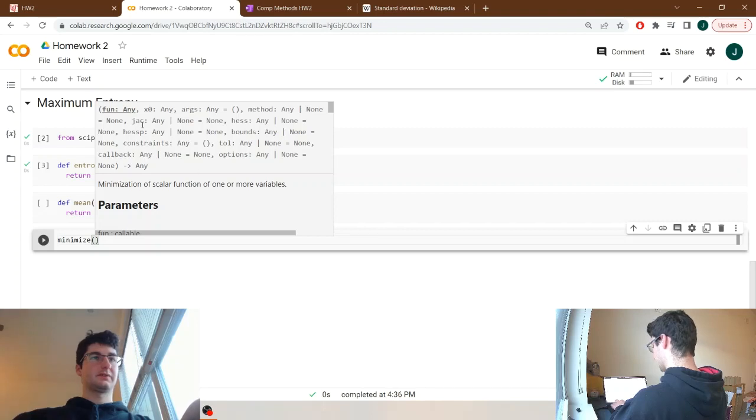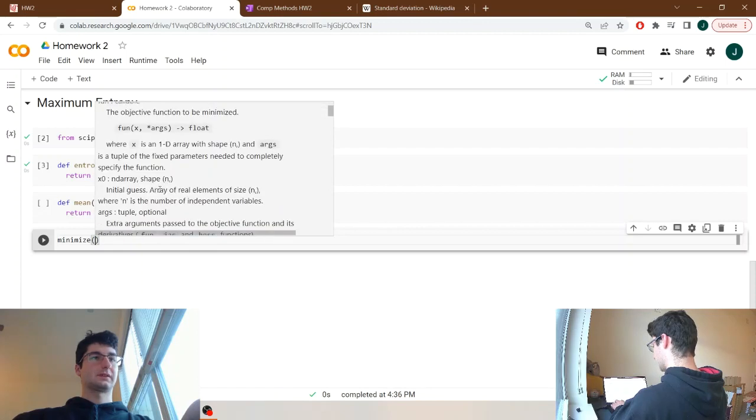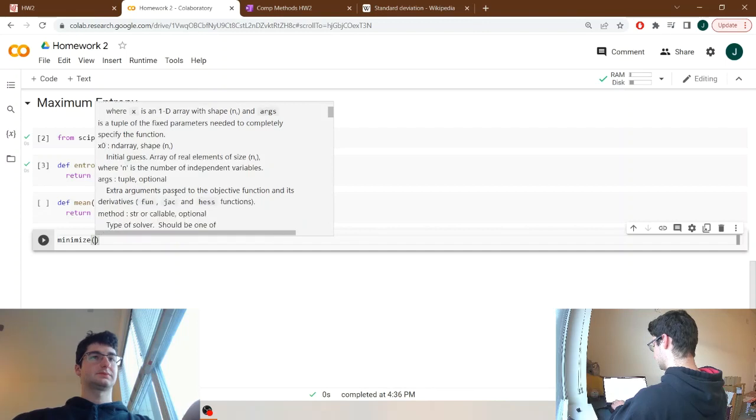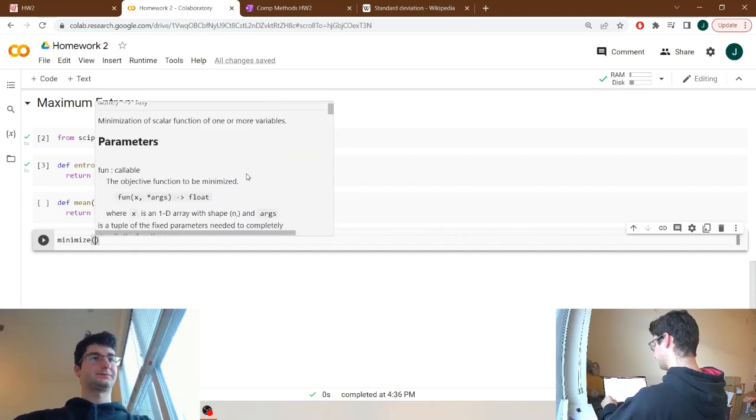So it wants a function. It wants x sub naught, which is the initial guess of size n, where n is the number of independent variables.